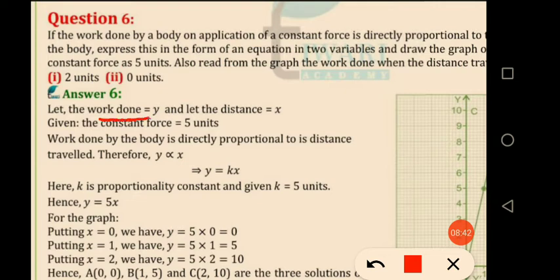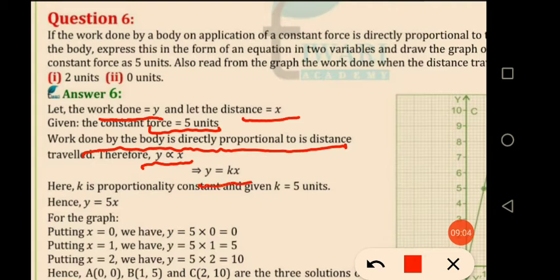So let work done be y and distance be x. Also it is given constant force is equal to 5 units. Now according to the question, work done is directly proportional to distance, which means y is directly proportional to x, or we can say y is equal to constant force into x, but constant force is given as 5, so the equation we got is y is equal to 5x.